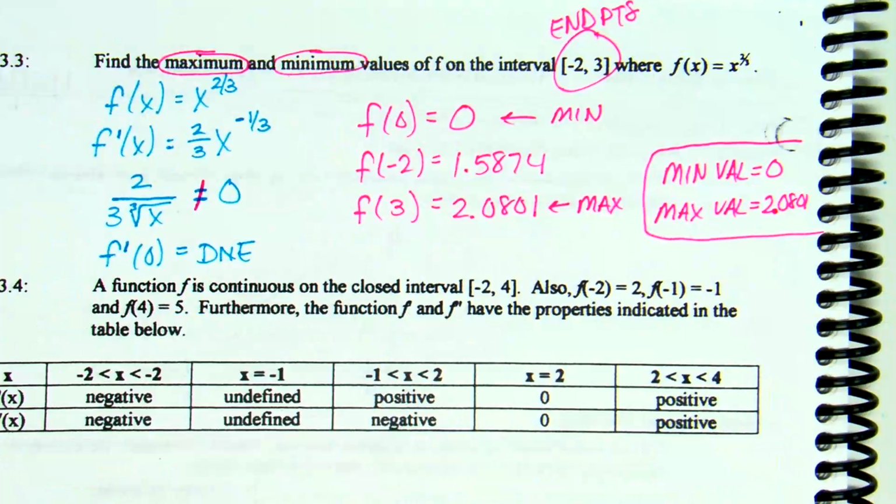Example 4. They give us a bunch of information. And, okay, it doesn't tell me what to do.